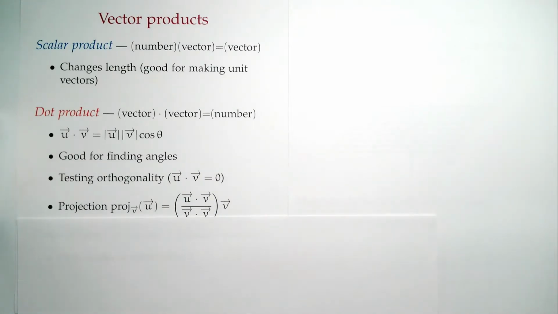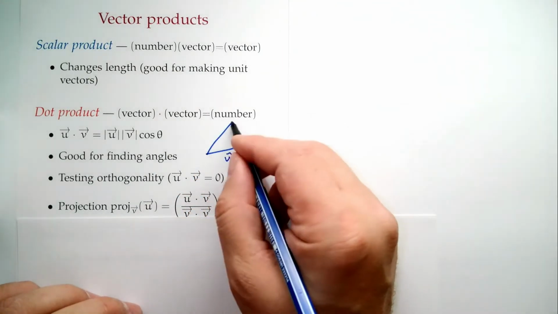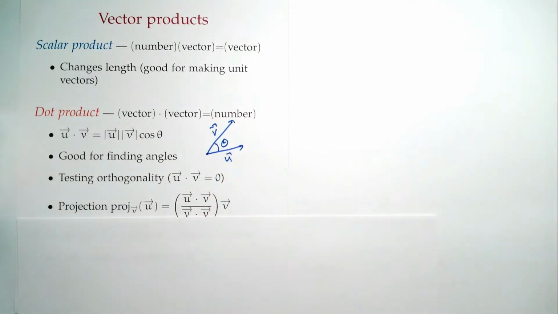If you were to draw a picture here, which we probably should, you have vector u and a vector v, and theta is the angle if you were to put the tails together. So you can find that angle. You can also see whether or not 2 things are at a right angle, because cosine of 90 degrees, or cosine of pi halves, is 0. So you can find orthogonality or test it. And we can do projection.